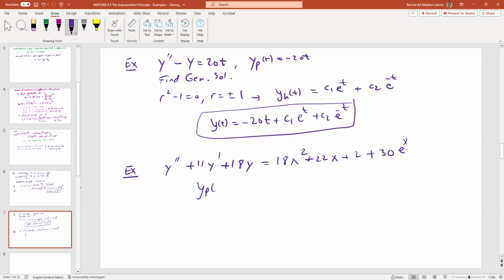And I'm given that the particular solution is this. So this is given. And find the general solution.